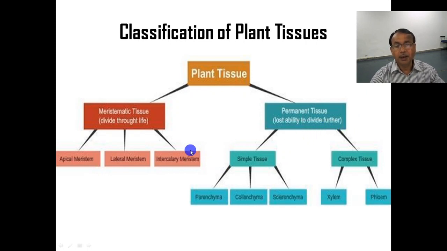The meristematic tissues, which divide throughout their life, could be categorized into apical meristem, lateral meristem, intercalary meristem.